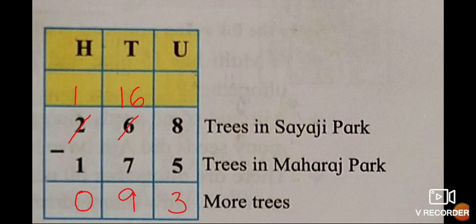You will have to write your answer. How we have written here in words together, you will have to write your answer in the same way in a sentence form. So, we will write our answer.